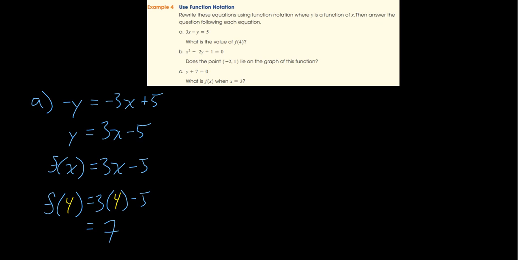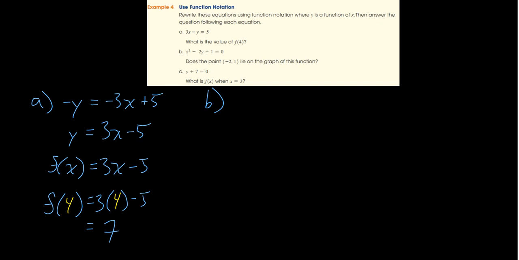Okay. Next up, and we'll do it in blue again. So this says rewrite these equations in function notation. If I were to rewrite this equation in function notation, again I'd have to solve for y, right? Actually, let's just go ahead and add the 2y to the other side.